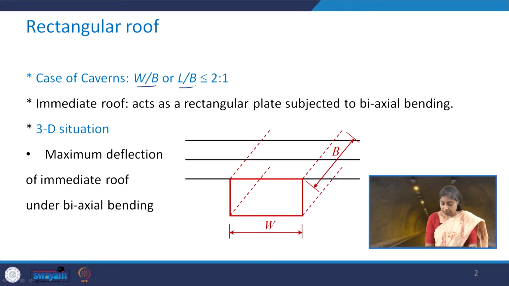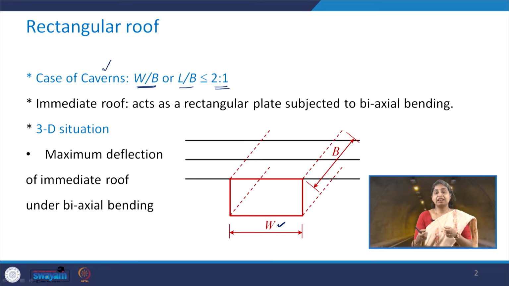We all know that B is the dimension perpendicular to the plane of the screen and W is the width of the opening. In case the aspect ratio is such that W by B is less than or equal to 2:1, which is the case for caverns, the immediate roof acts as a rectangular plate subjected to biaxial bending.